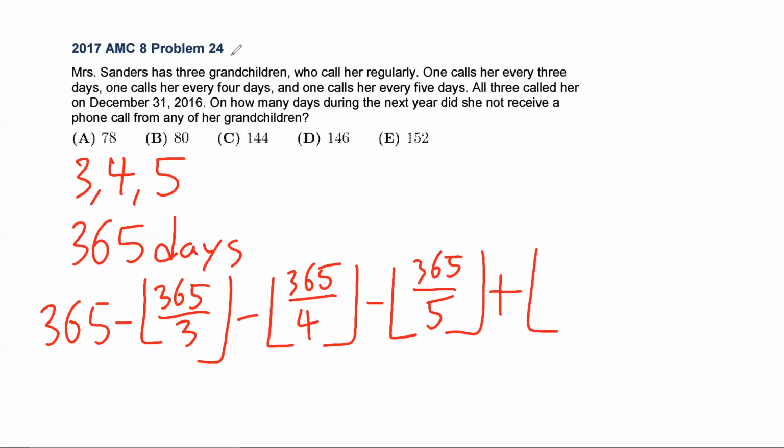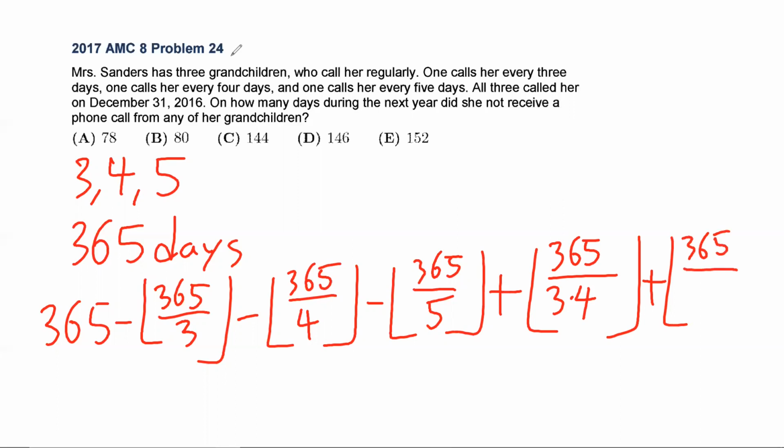So you have to add back 365 divided by 3 times 4, plus 365 divided by 4 times 5, plus 365 divided by 3 times 5.